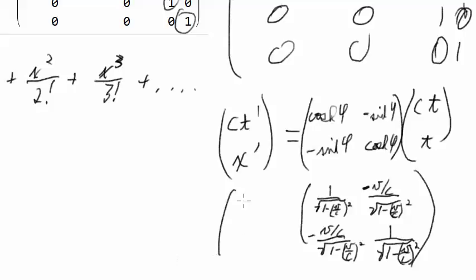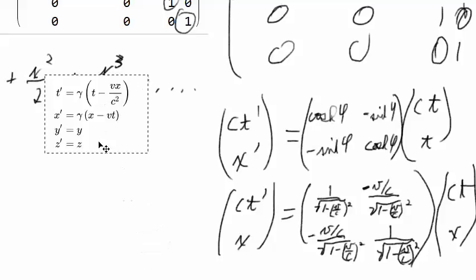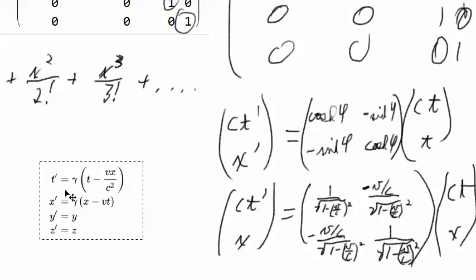And then we can put in ct, x, and you can verify that once you pull all that out, you will end up with t prime equals gamma times t minus vx over c.